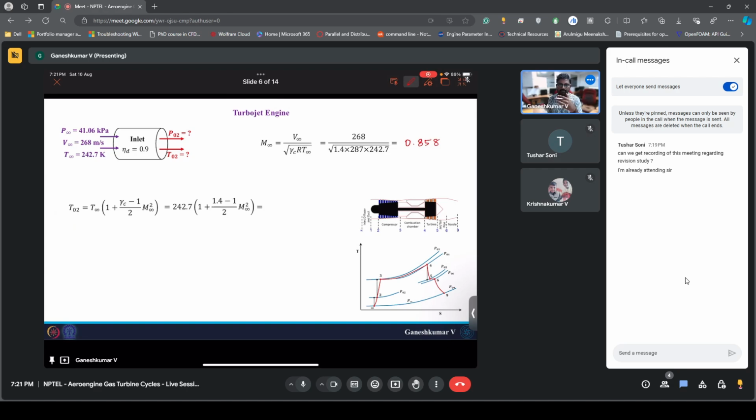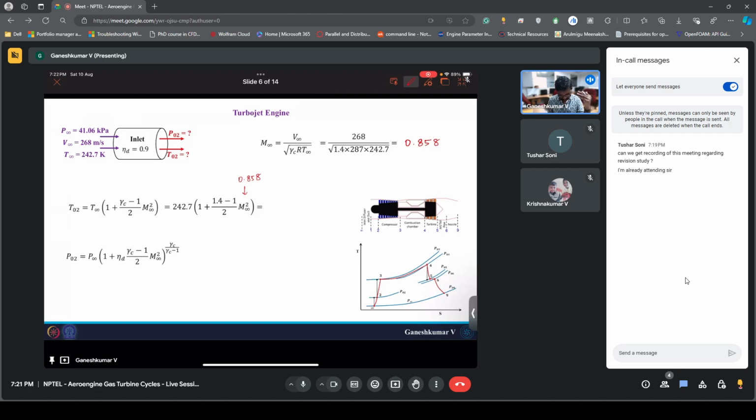Okay, so the Mach number with which the flight is moving is 0.858, which means the air entering the jet engine is at 0.858. Now if you substitute this 0.858 here, you will get the temperature at the inlet to the compressor.